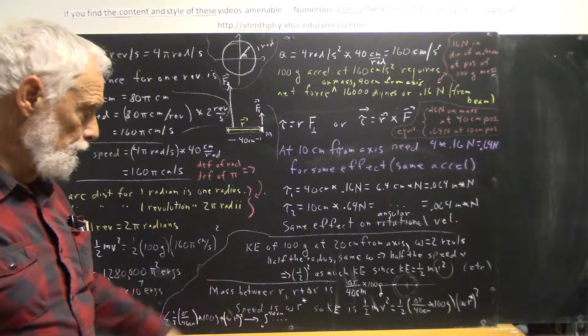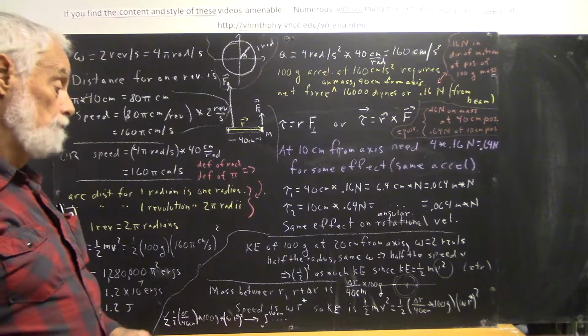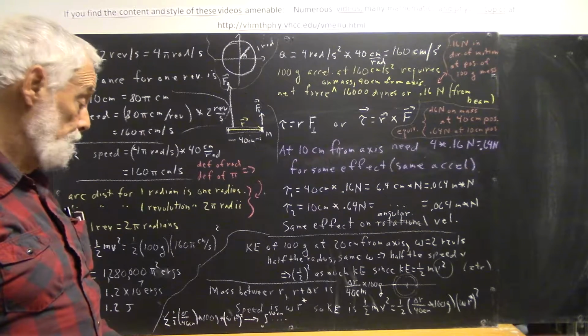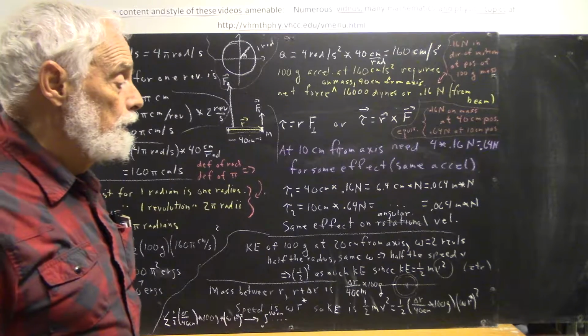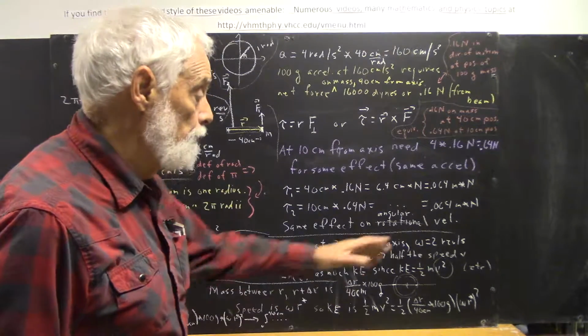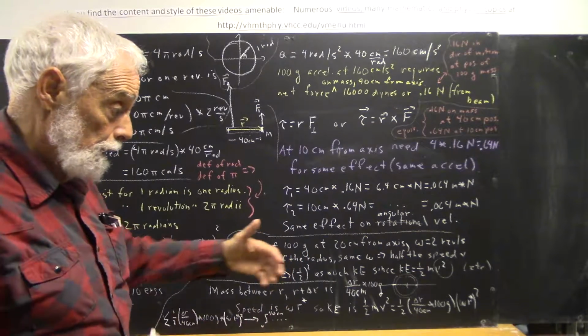Now, we didn't complete this, and I'm not going to complete it now, but we will be talking more about it. It's a straightforward derivation of the integral that gives us the kinetic energy of that rotating object.